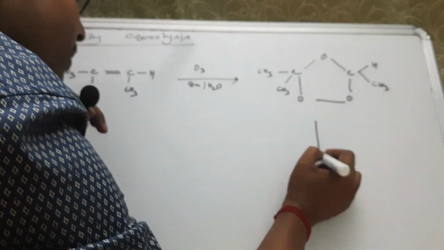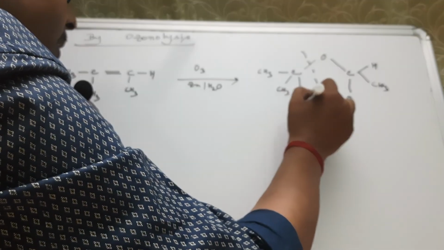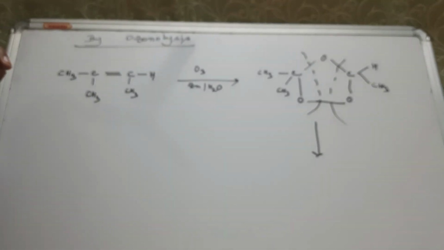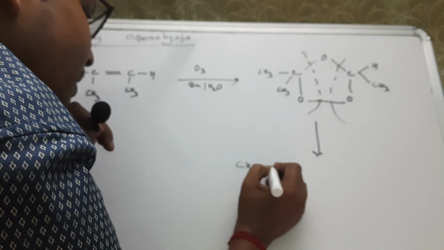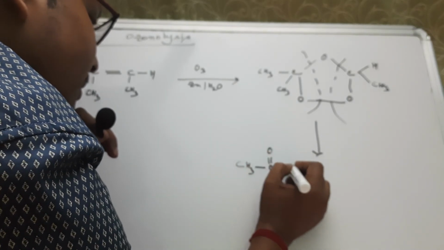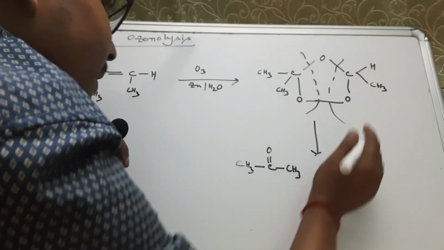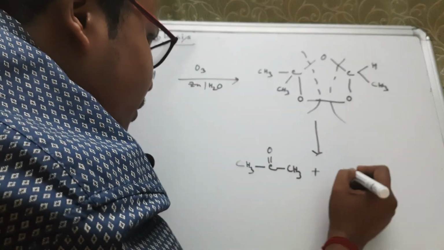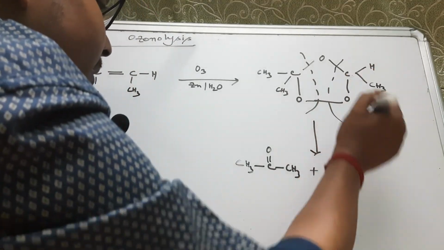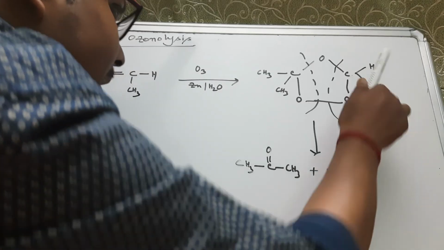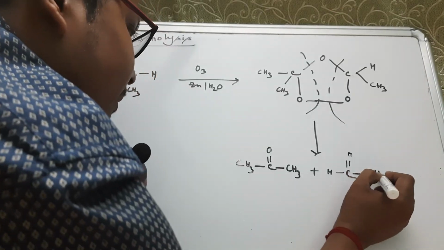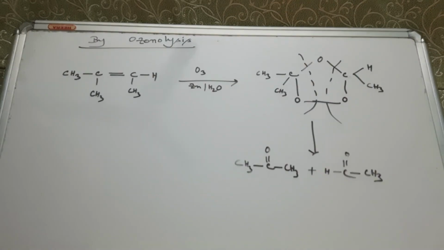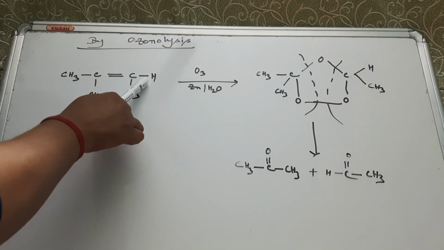The ozonide compound then dissociates, and this part and this part will be detached. This part becomes CH3, C, CH3, and this part has that carbon atom and the hydrogen, giving CH3CHO.